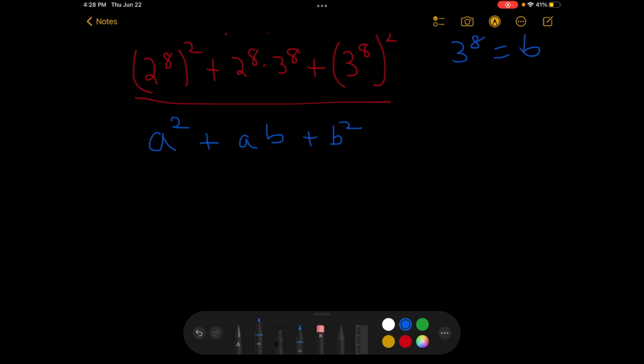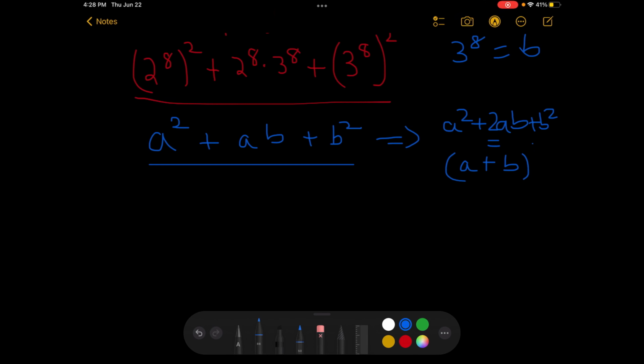Right? Now, when I look at this expression, I'm immediately reminded of the identity A squared plus 2AB plus B squared, because it looks so similar. And this is equal to A plus B whole squared.